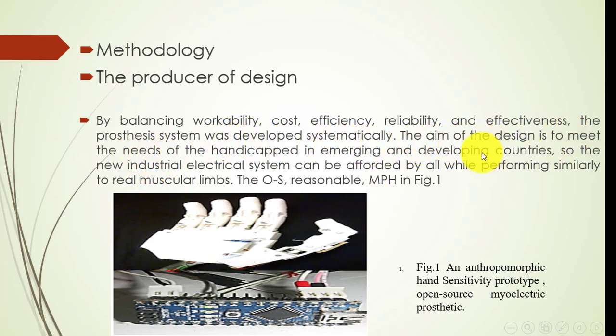The aim of the design is to meet the needs for hand capability in emergencies and in developing countries, so that this new electrical system can be offered to all people, with similarity to a real hand and also low cost.